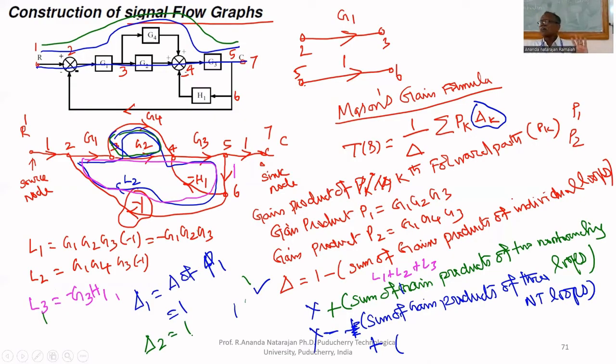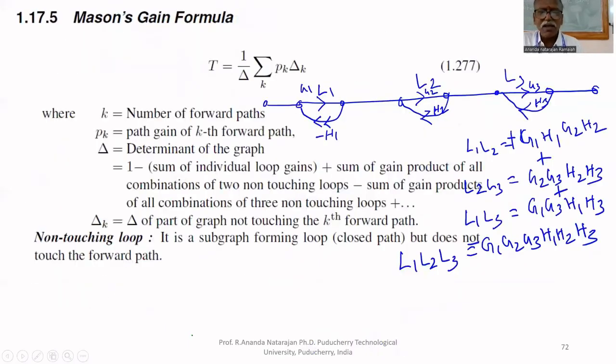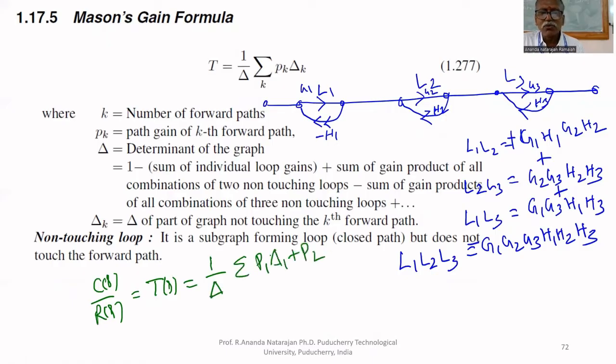If you combine all these things, you will get the transfer function. Let us combine. What is the formula? Mason's gain formula: T of S, that is C of S upon R of S, the transfer function, equals 1 by delta times the sum of P1 delta 1 plus P2 delta 2.